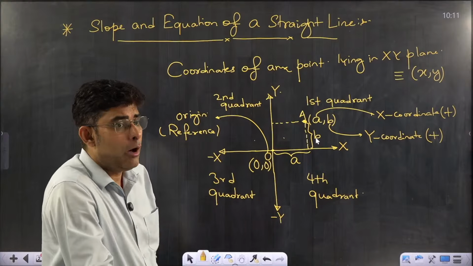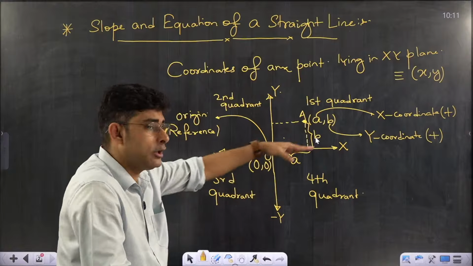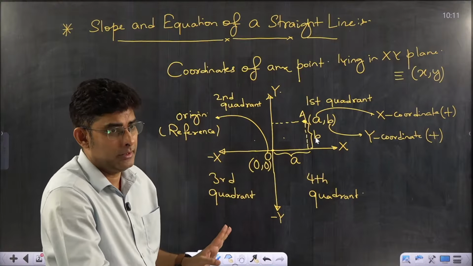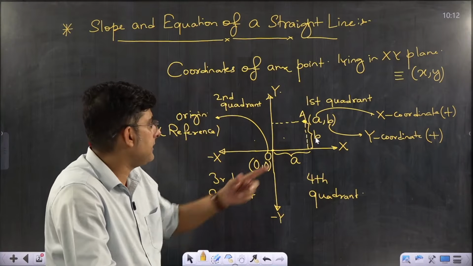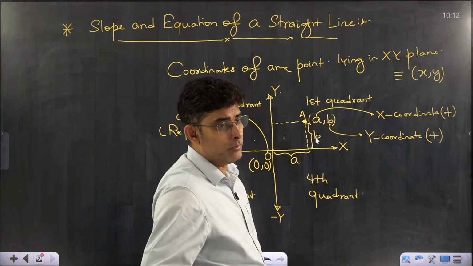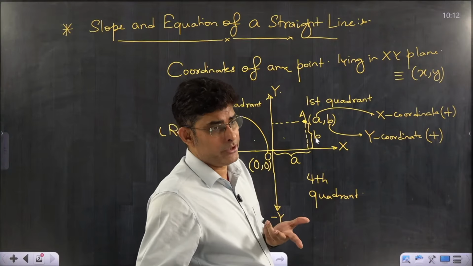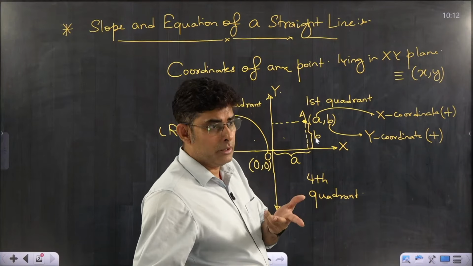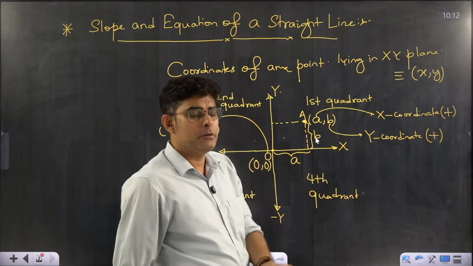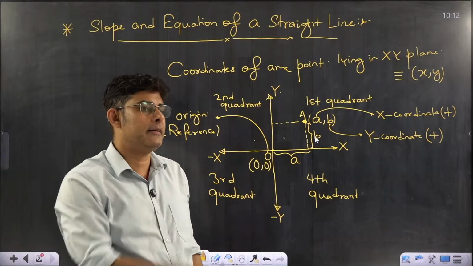So, beta, it does not always represent horizontal distance. If you are taking x as horizontal, then only it will represent horizontal distance. I can change the axis as per my wish. I can take vertical as x and horizontal as y also. Axis, origin, everything is upon my wish. If you really want to check this, take your copy in your hand or keep it on a table, draw x-axis and y-axis.